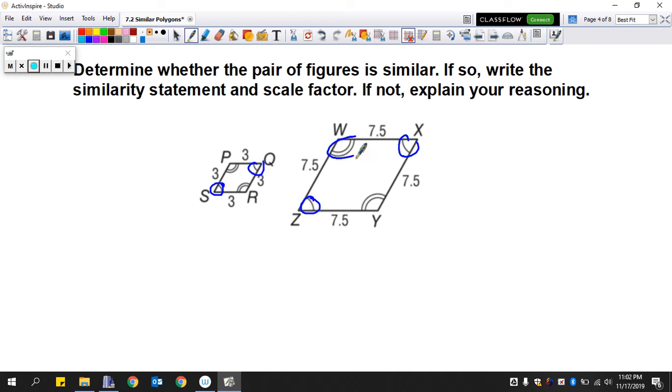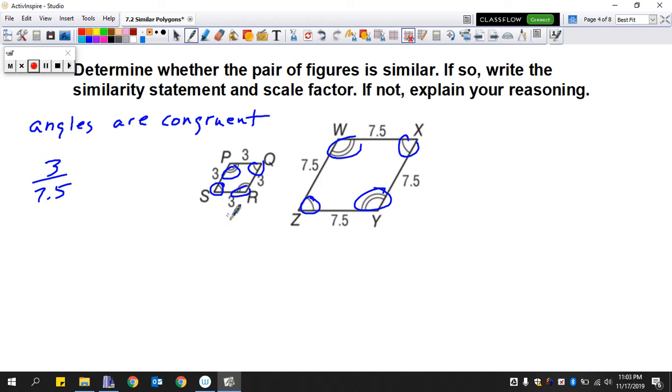These are congruent. And these are congruent. Okay, so we can tell that the angles are congruent, and it's pretty easy to tell. 3 to 7.5, and it's going to be 3 to 7.5 on all of those because we have a rhombus here and all the sides are the same length.